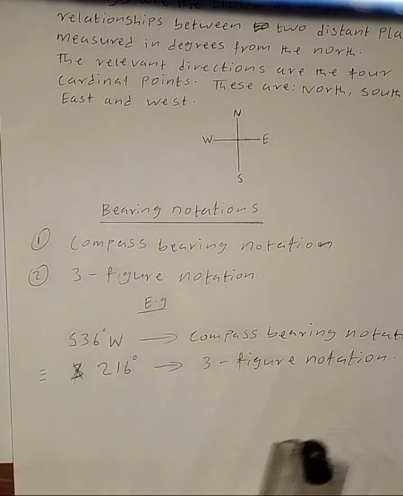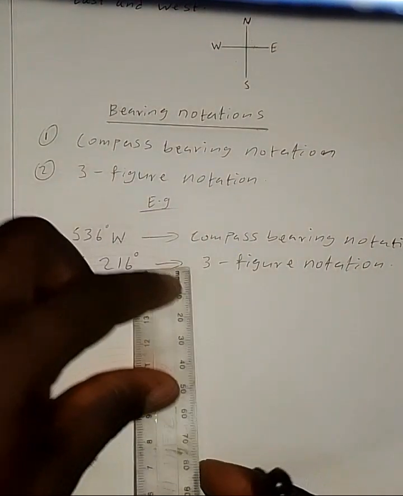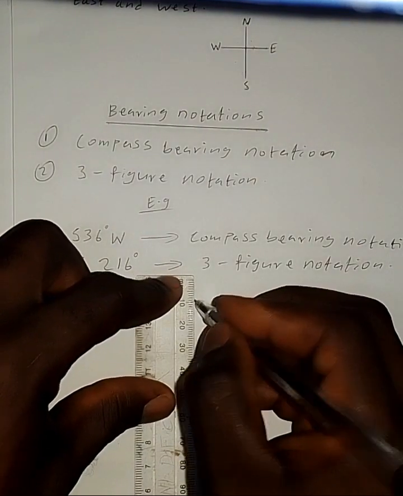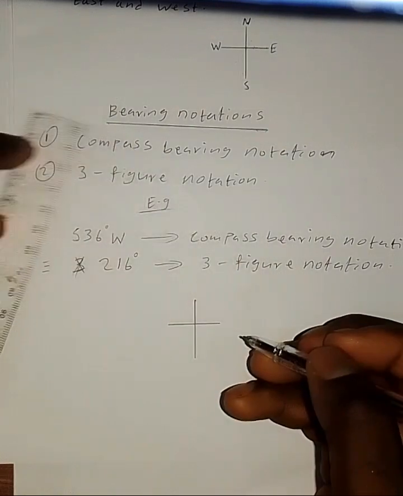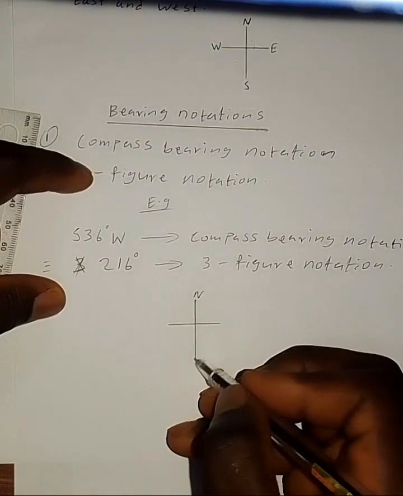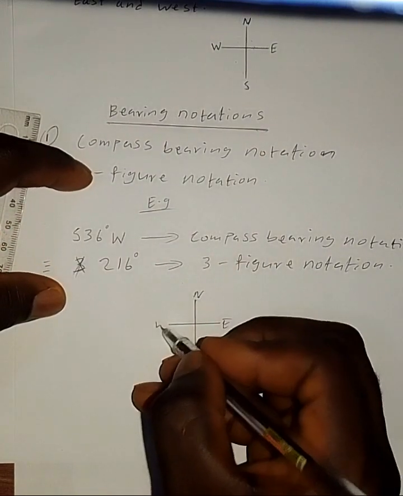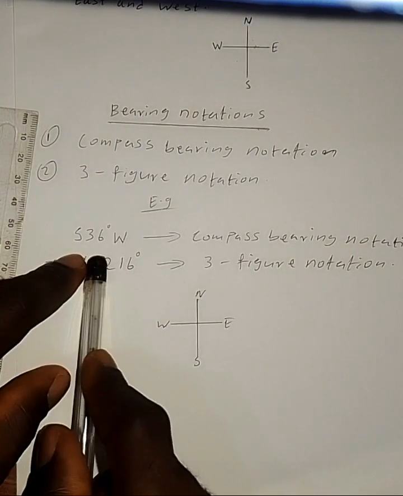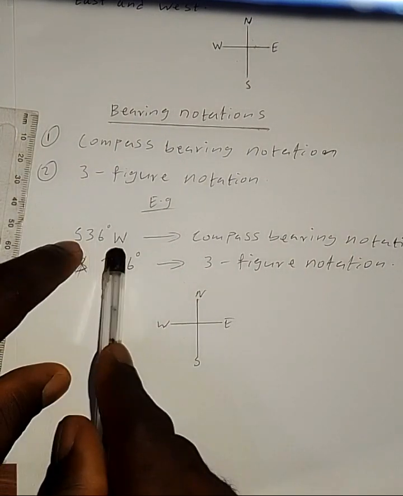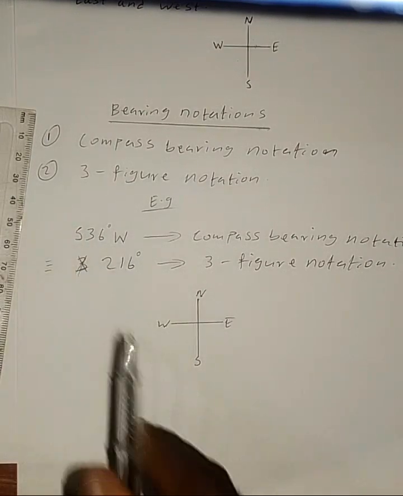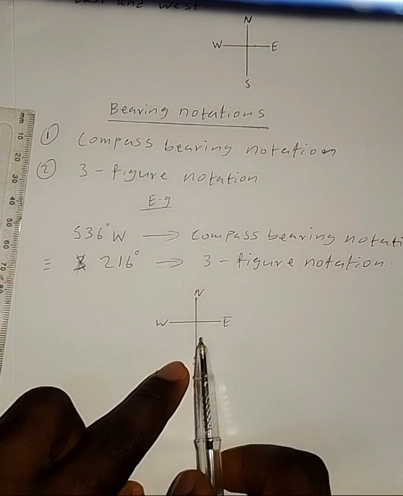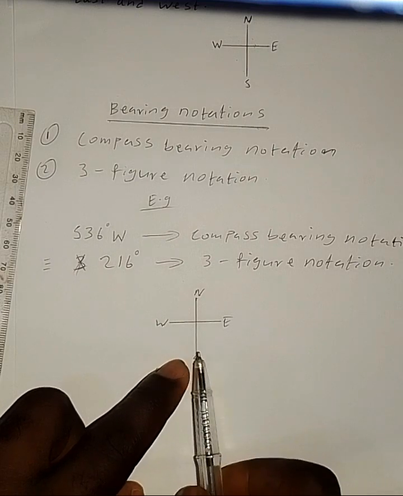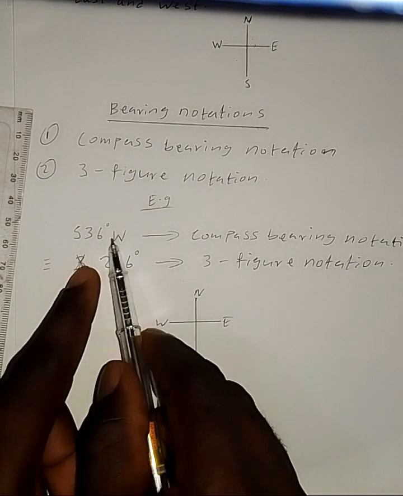That's true. Let's draw this using a diagram. Always draw your four quadrants if you are interpreting bearing. It's your north, south, east and west. South 36 degrees west: for you to interpret this, go to south, take your reading from south and move towards west 36 degrees.